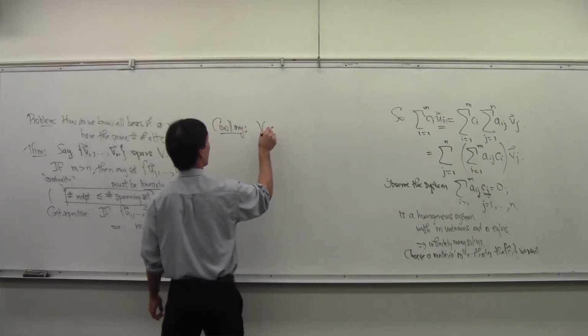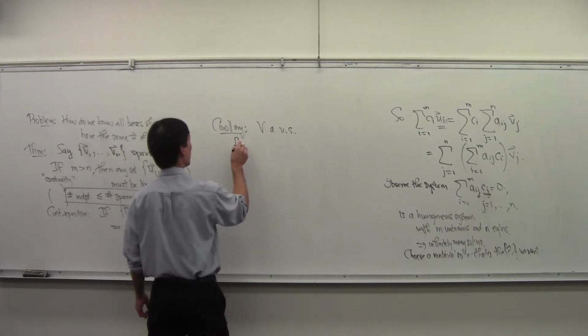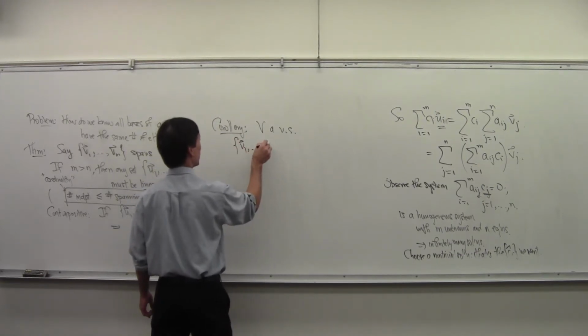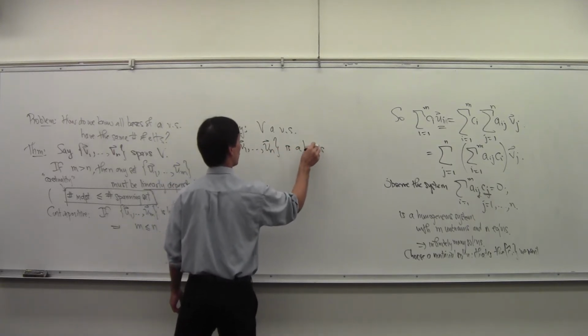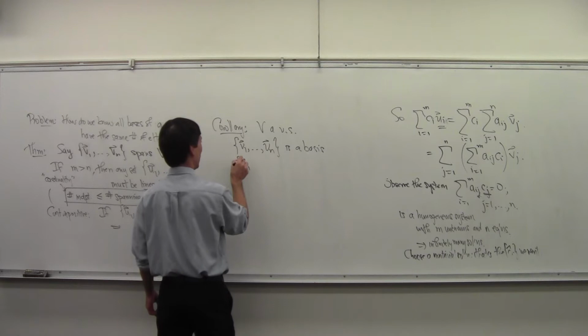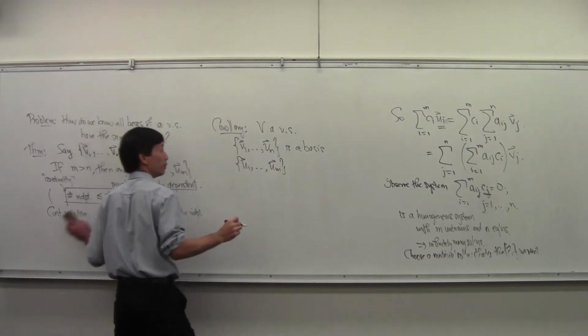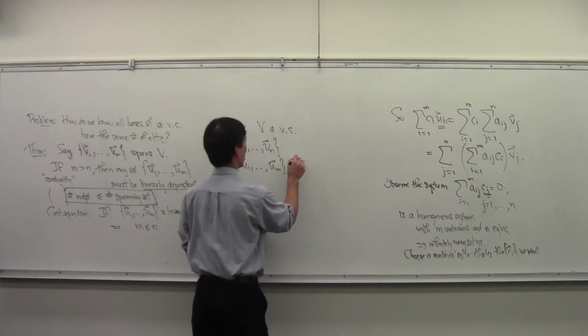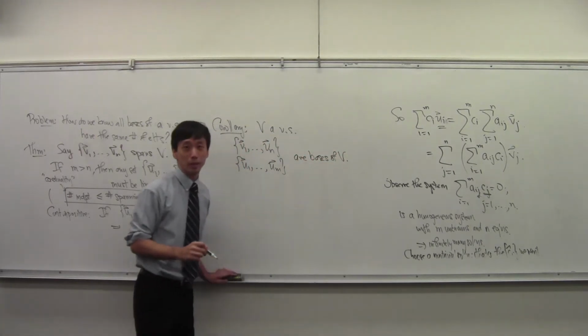Let V be a vector space, and suppose that v1, ..., vn is a basis, and suppose that u1, ..., um is also a basis.